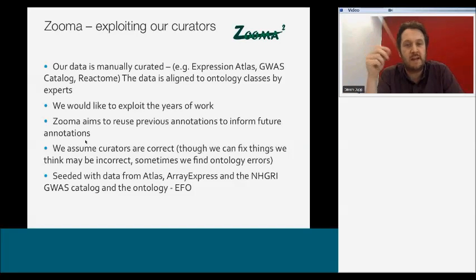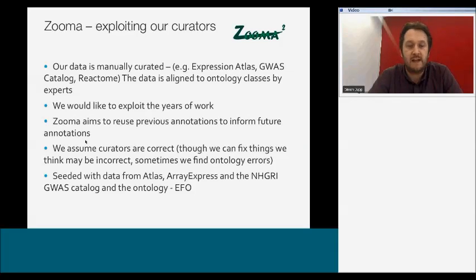So the next time we see this common misspelling or this common error, we know how to fix it in future data. So we can build this repository of curated ontology information, and we want to exploit all the work that our curators are doing so that we focus all our effort on just annotating new unseen data. And data that we've seen before, we don't have to keep going back and annotating it.